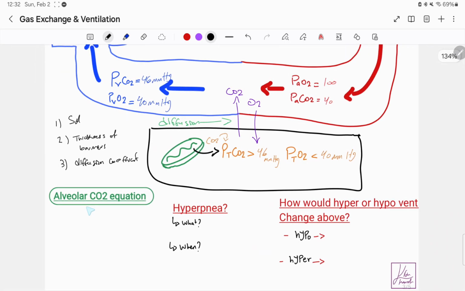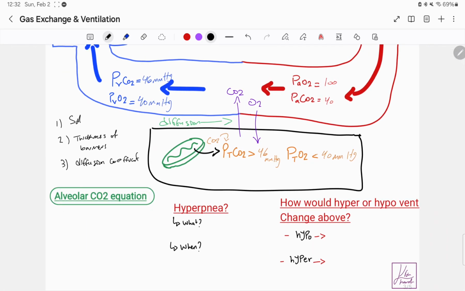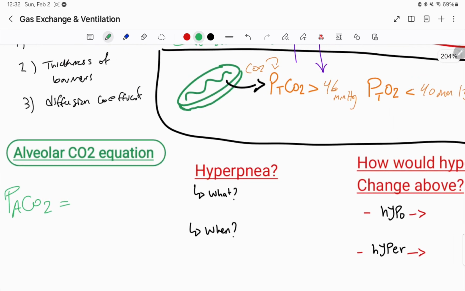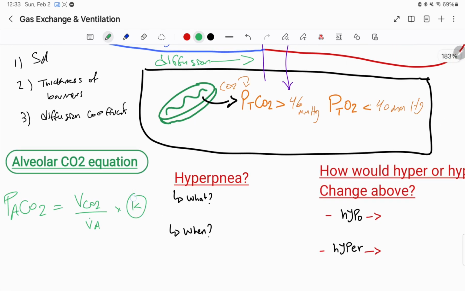Okay, finally, a little on this alveolar CO2 equation. Some of you might have already seen this, some of you might not, but the partial pressure of alveolar CO2 can actually be calculated like this. You take the volume of CO2, divided by the alveolar ventilation, and of course multiplied by K. Now this K is not the same as the solubility coefficient up there.